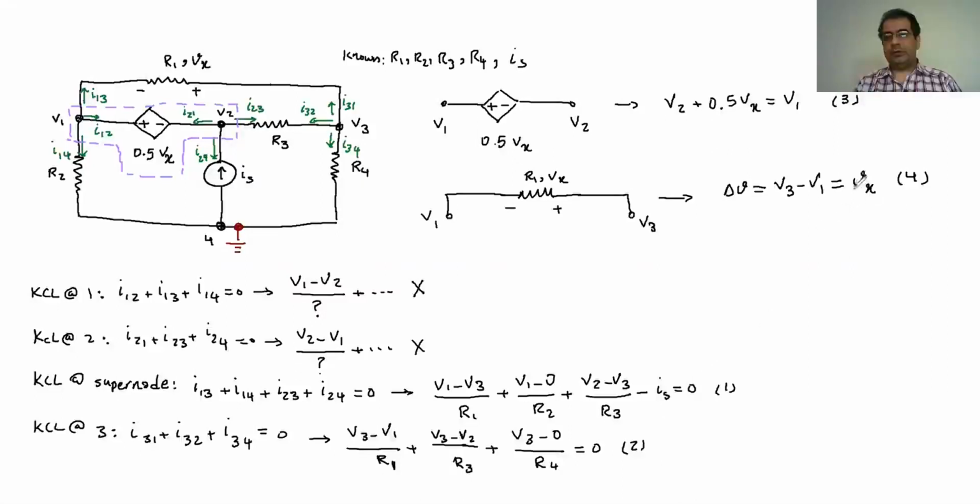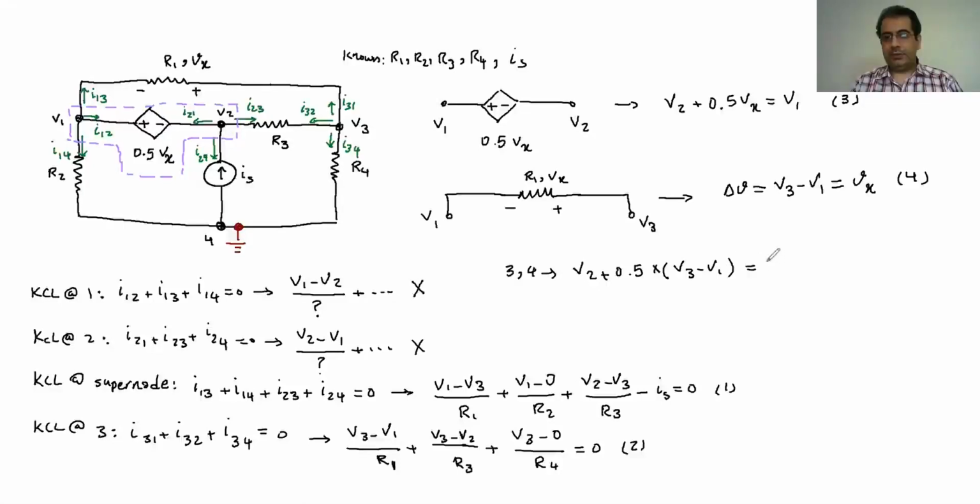In other words, if I, for example, substitute the Vx here with this magnitude, V3 minus V1, then I have the third equation, which only has V1, V2, or V3 in it. So 3 and 4, if I put 3 and 4 together, I substitute Vx with that. So it's going to be V2 plus 0.5, and then I substitute Vx with V3 minus V1.